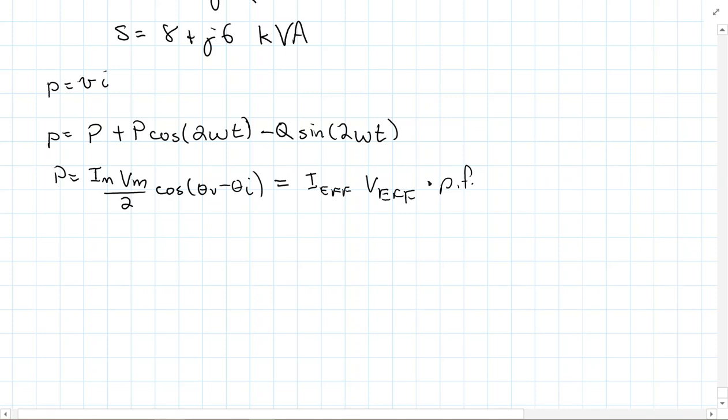You can mix and match those. And then we also had that my reactive power was equal to Im Vm over 2 sine of theta v minus theta I, which again you could write as an effective voltage times an effective current times a reactive factor.